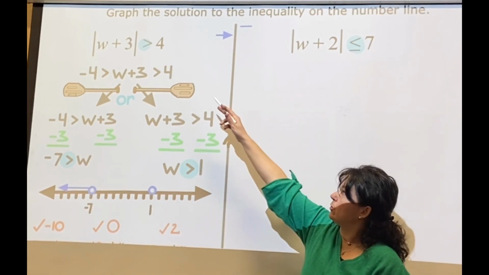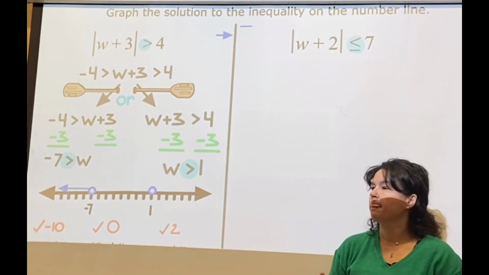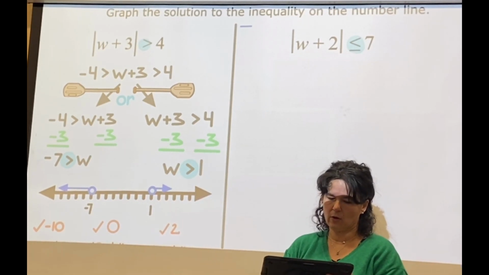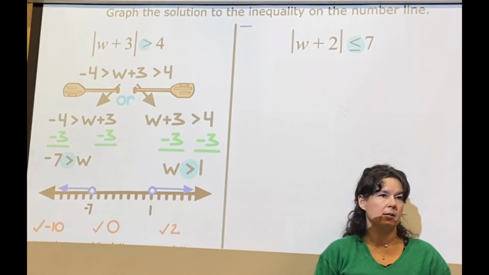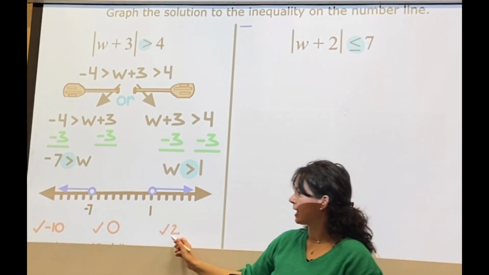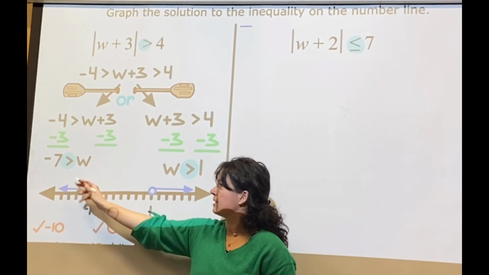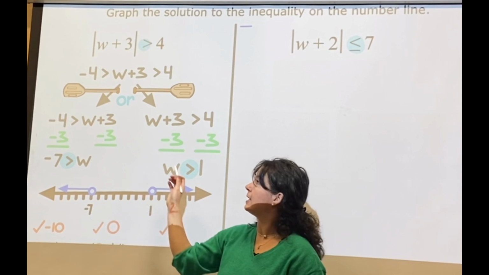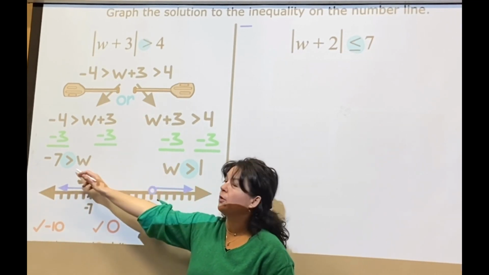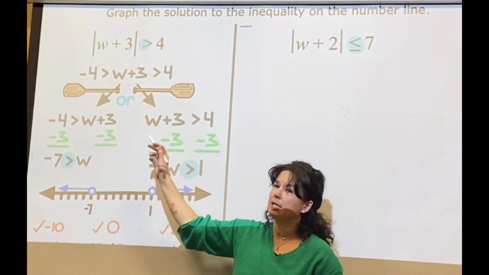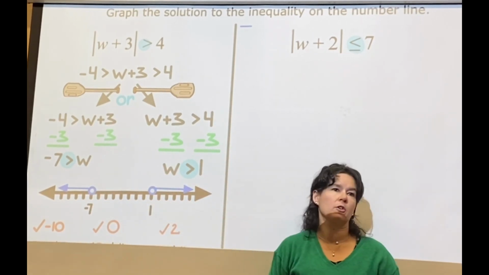If I went with 2 back in the original, it makes it true. So I'm going to go to the right. I can test this number in the original, or I can test the number in each of these separately, but when it's an or, it only has to work in at least one. A shortcut is, because it's an or, notice the arrows went away from each other.